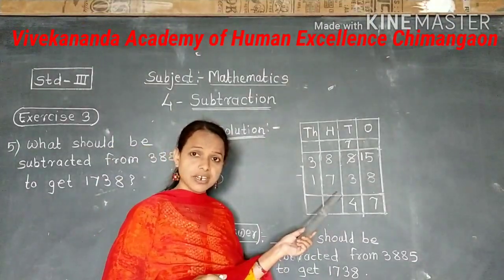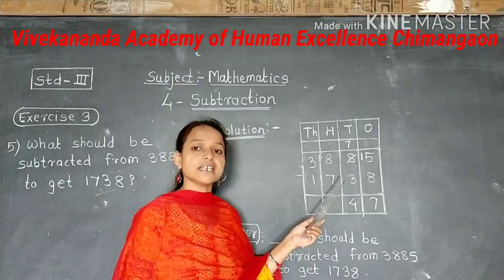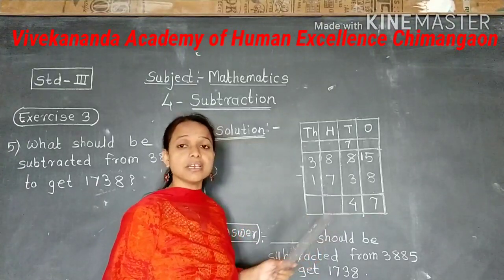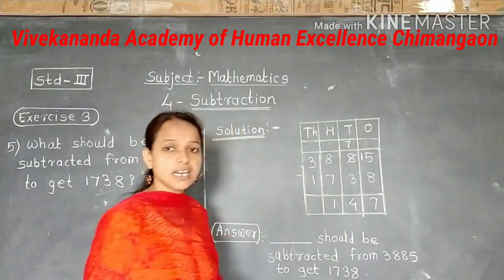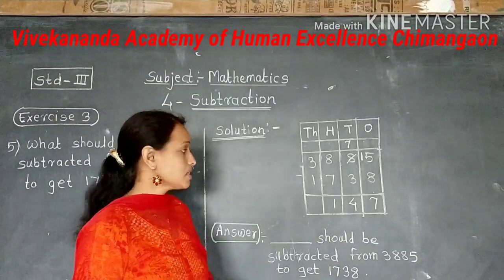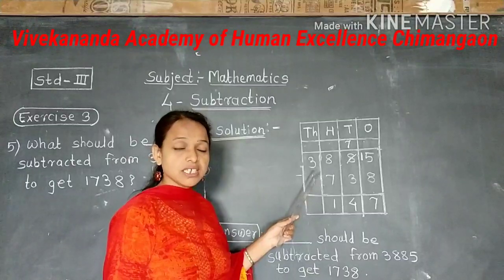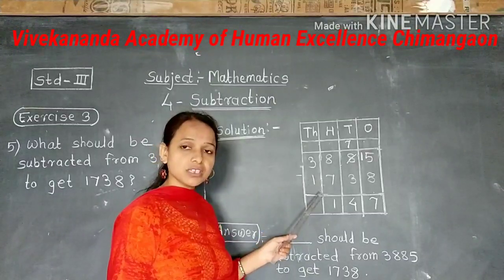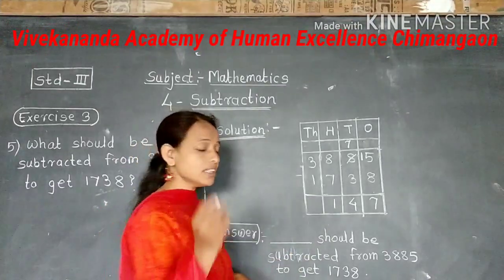Subtract 7 hundreds from 8 hundreds. 8 hundreds minus 7 hundreds remain 1 hundred. We write 1 in the hundreds place. And finally, subtract thousands. Subtract 1000 from 3000. 3000 minus 1000 remains 2000. We write 2 in the thousands place.